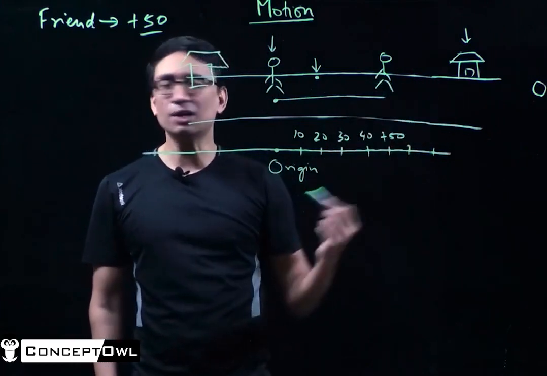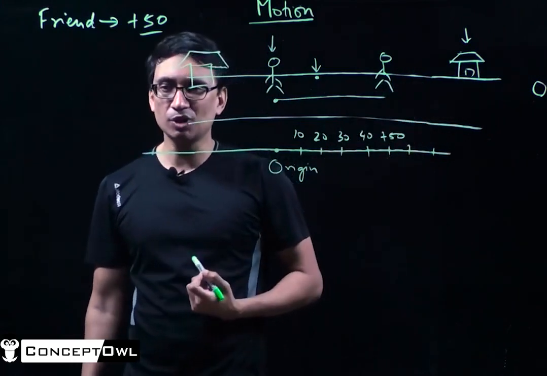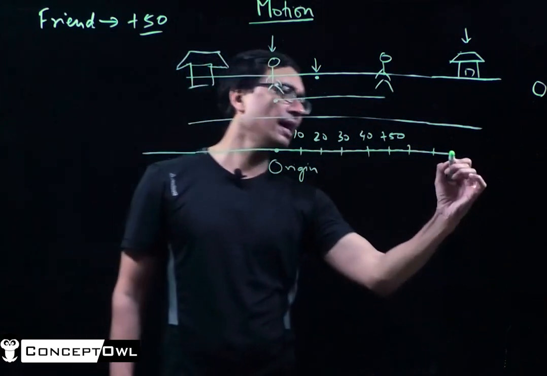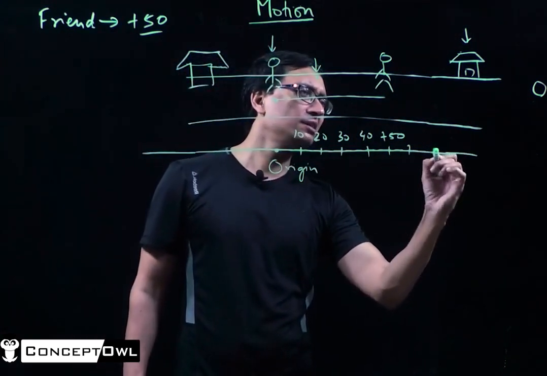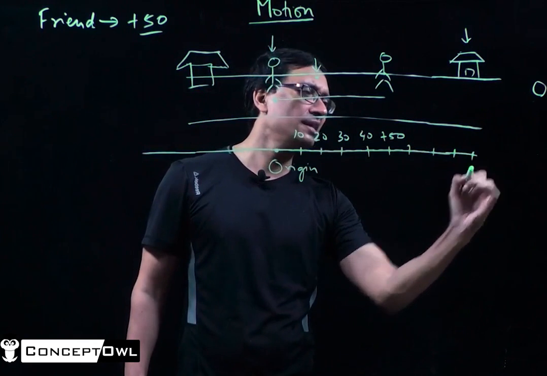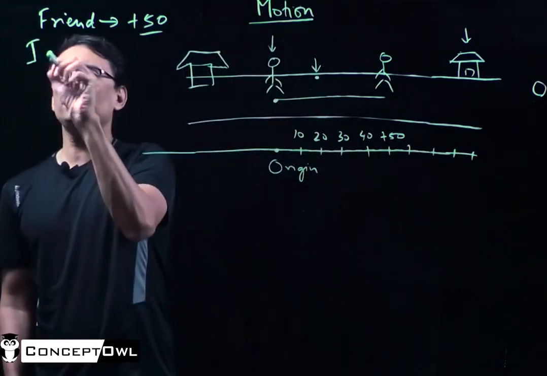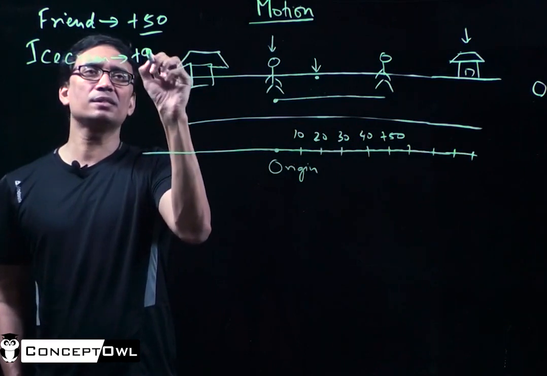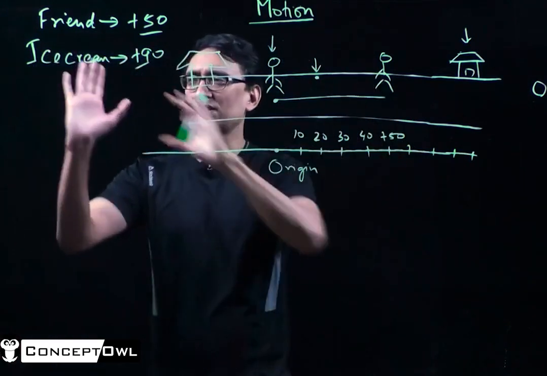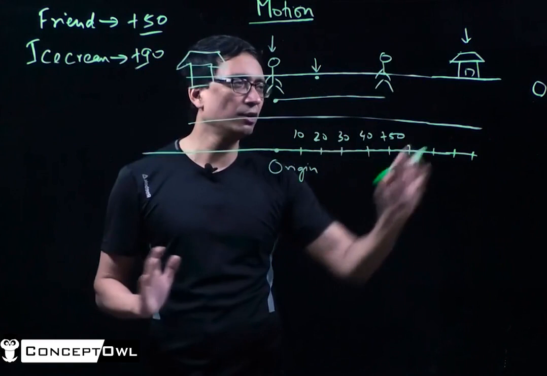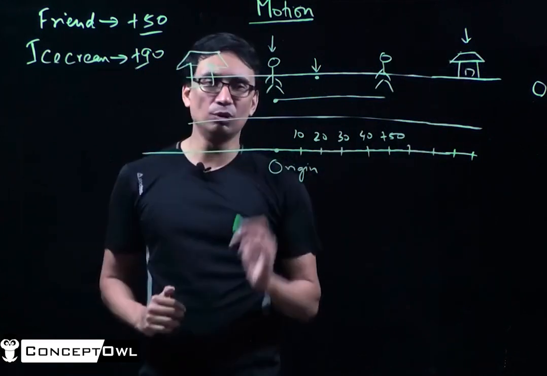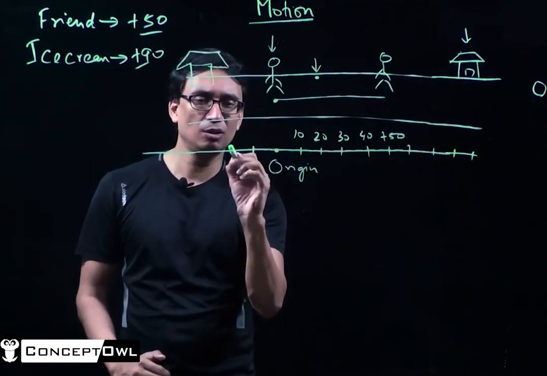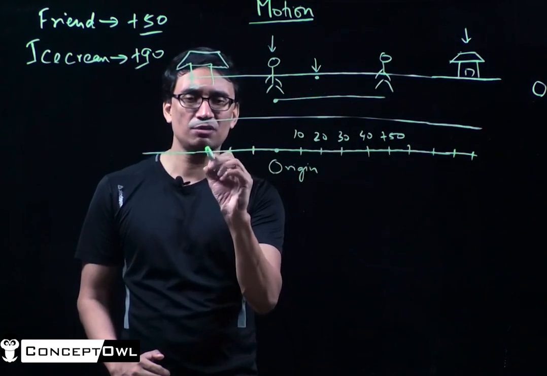Now let's say somebody asks you, where is the ice cream shop, Baskin Robbins? You'll say, this is 50, 60, 70, let's say this is 80, 90. You will just say, ice cream shop is plus 90. You don't have to go and sing a song. Just say, ice cream shop plus 90. Now I know exactly where it is. Where is the school? You'll say school is, let us say, 1, 2, 3, right?